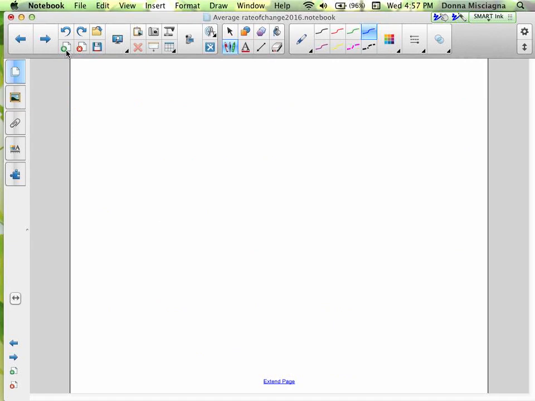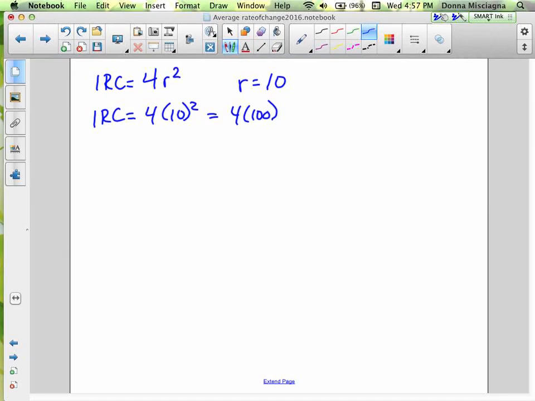All right, so our instantaneous rate of change here is found using the equation 4r squared. We wanted to know what it would be when our radius is 10. So our instantaneous rate of change is going to be 4 times 10 squared, or 4 times 100, or 400. And if you were like me, you didn't remember what the units were.